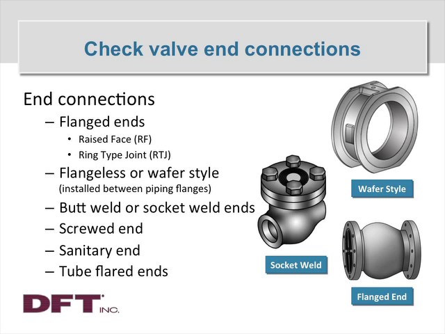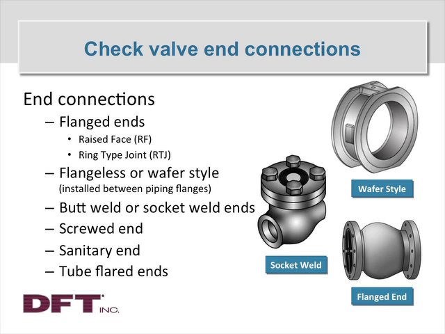There's a ring-type joint, which is a variation of the raised face flange using a different type of gasket altogether. You've got valve bodies that are commonly called wafer style or flangeless style. They're kind of sandwiched in between the pipe flanges, and so they don't have a distinct flange on the body themselves. I'm showing that in that wafer style picture that you're looking at.